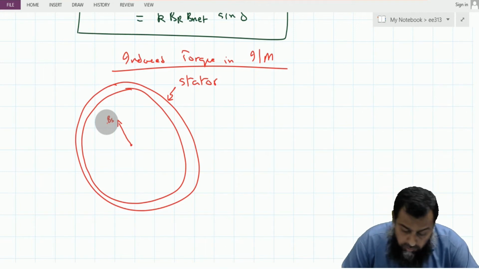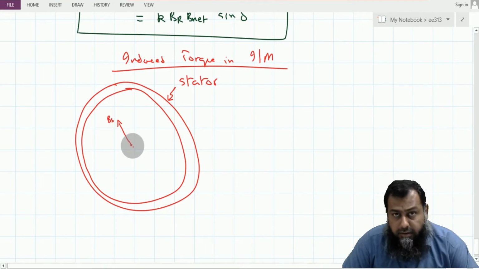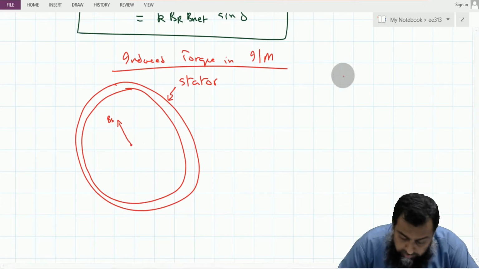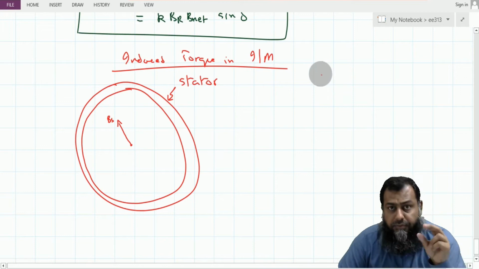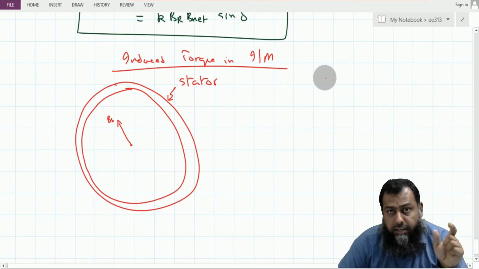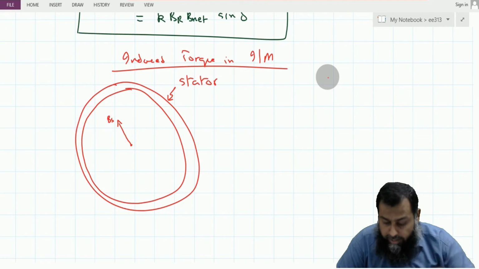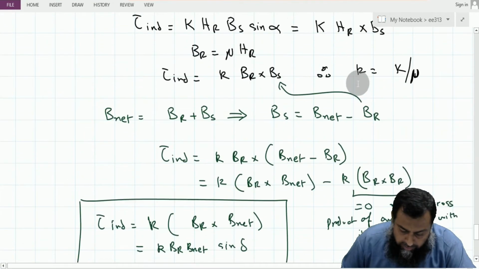Because the motor is running very close to the synchronous speed, the relative difference between the rotor velocity and the stator magnetic field velocity is very low, meaning that very little current is flowing into the rotor circuit.